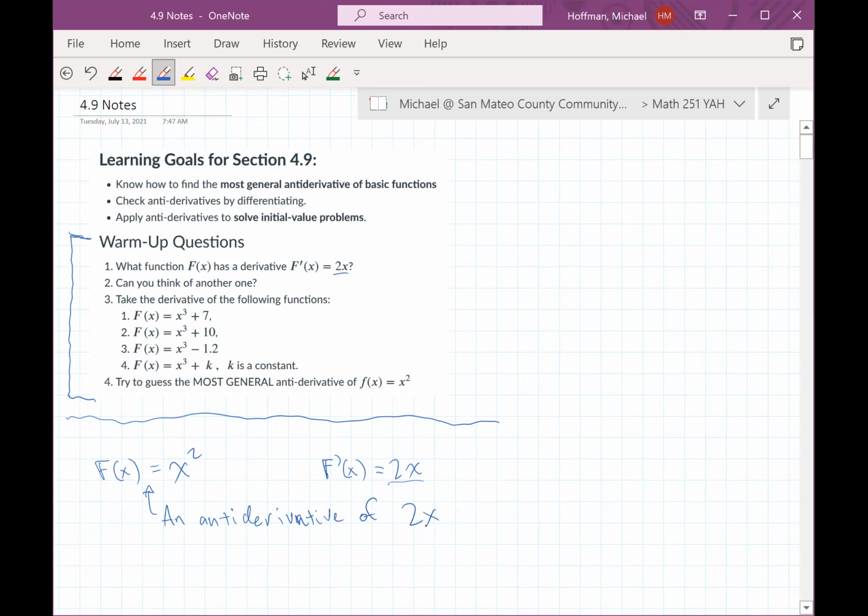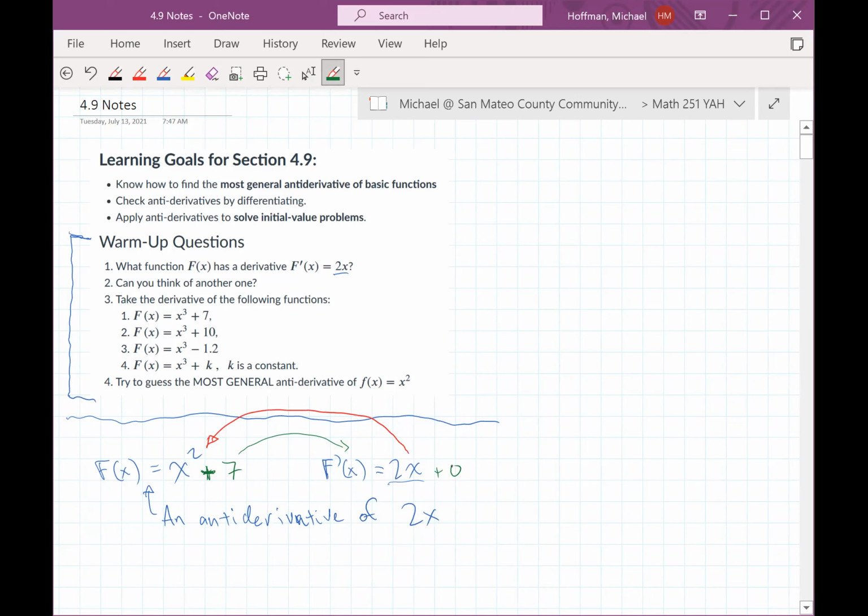So instead of going forward in this process, we're now going backward. We're starting from a derivative and finding the function. Now notice something else though, which is that had I added something to this, like say +7, if I take this derivative going forward, it would have been +0, and so it would have been the same.